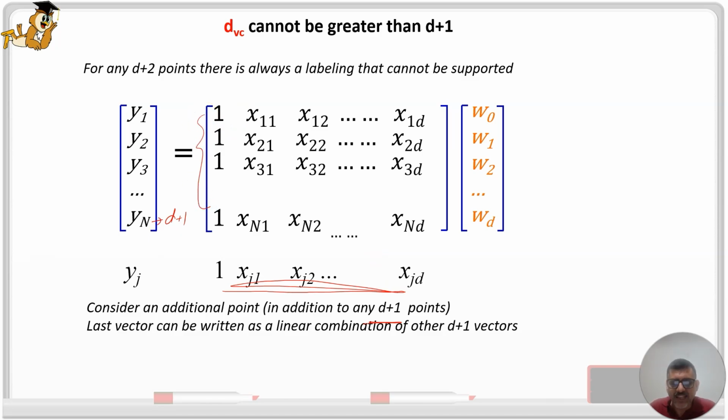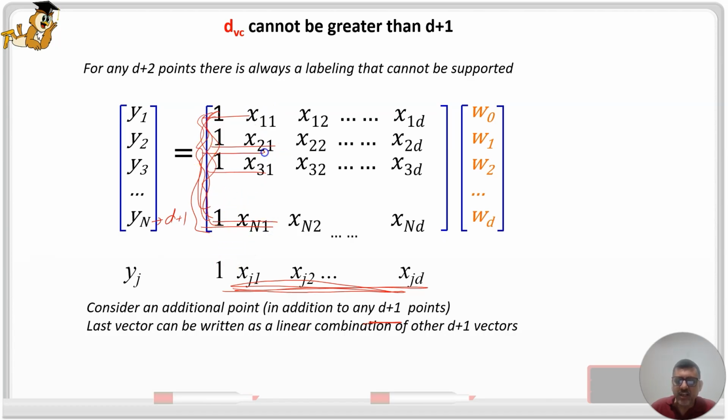Okay. Why is that? If this vector cannot be written as a linear combination of these vectors, it means that the points you chose were such that all dichotomies would not be supported on these points themselves. So the question of me giving you an additional point and an additional labeling does not arise. If you wanted all labelings to be supported on these d plus 1 points, these vectors would have to be linearly independent.